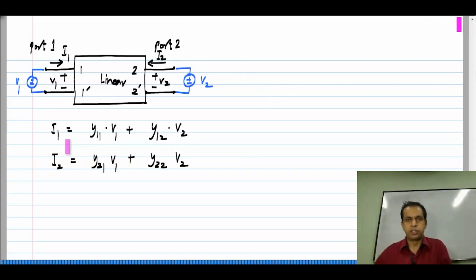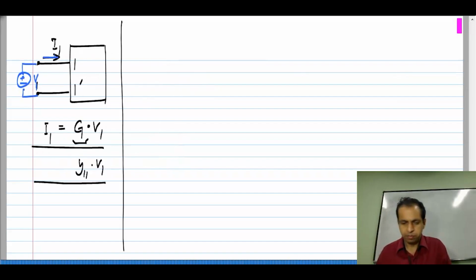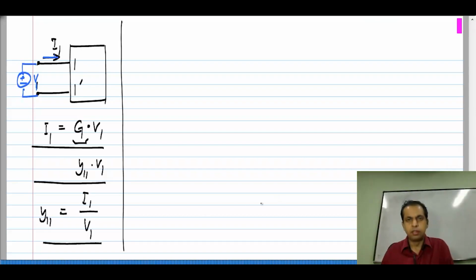Now, let us consider this once again. We also need to figure out how to measure these parameters. In case of a one port, we know how to measure it. We apply the voltage and find the current. And the ratio of the current to voltage is the single Y parameter that is there. I can call this conductance as this Y parameter Y11. There is only one parameter in case of a one port.